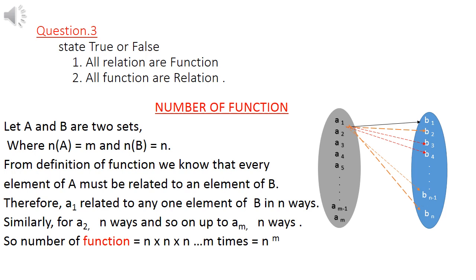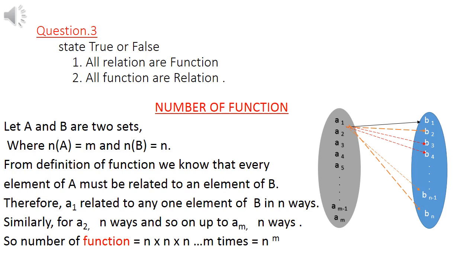We know that every element of A must be related to an element of B. So in this diagram, there are m elements A1, A2 up to Am in set A and n elements B1, B2, B3 up to Bn in set B. Now element A1 of set A is related to any one element of B.